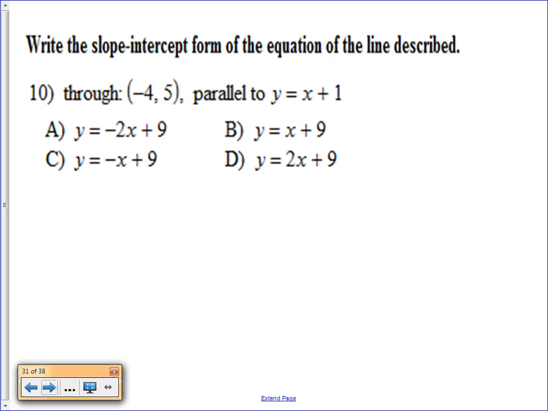Number 10. Guys, parallel. The slope here is 1. So the parallel slope is also 1.